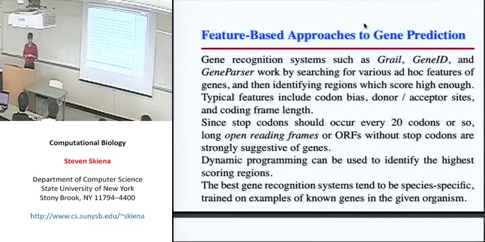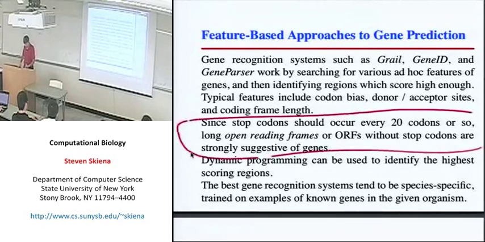So one problem is, maybe the single most important feature is to look for long open reading frames, where there's no stop codon, and say that that is a gene. Any questions? This actually suggests something about how genes evolved, right? I kind of imagine that at the beginning there were very short exons, right?